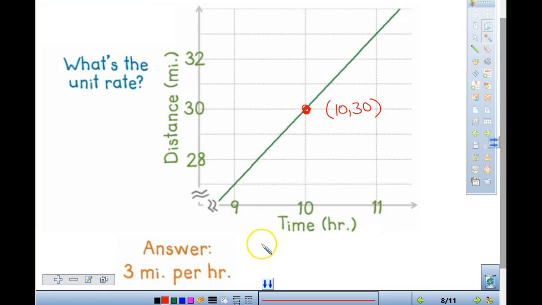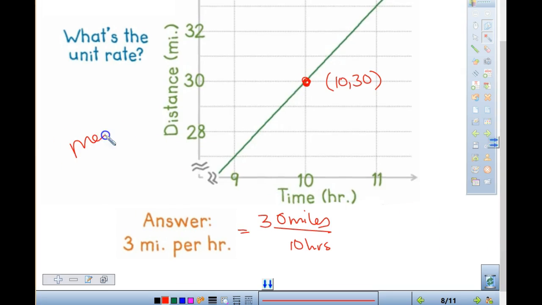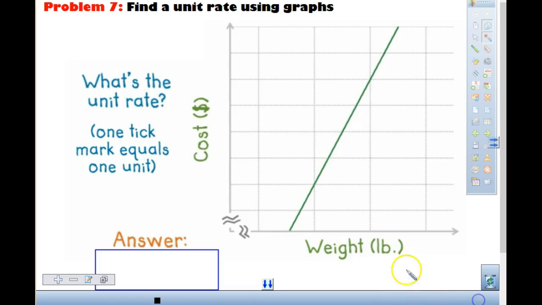And then what we were looking at was taking 30 miles per 10 hours. And you should have written down, this was method 2 that we just solved. Method 2 is to always take your y coordinate, which is 30, and divide it by our x coordinate, which was 10. The last method, this is method 3.